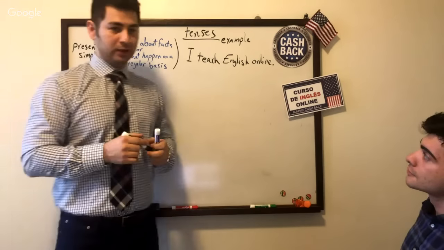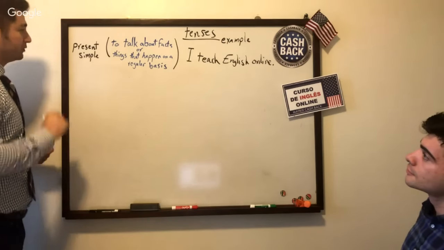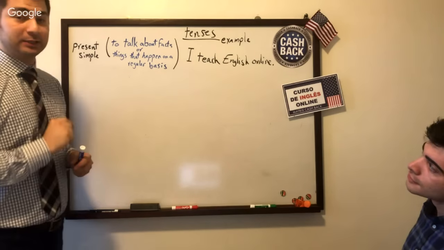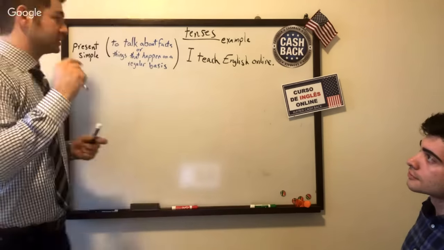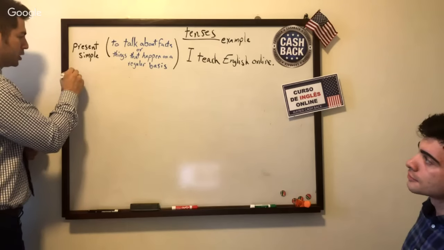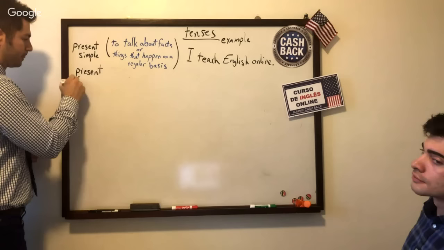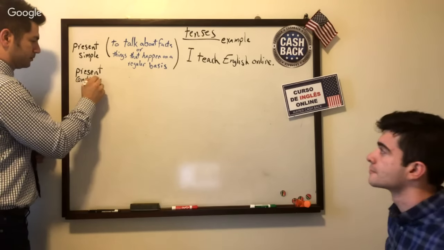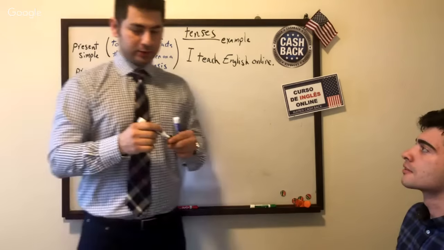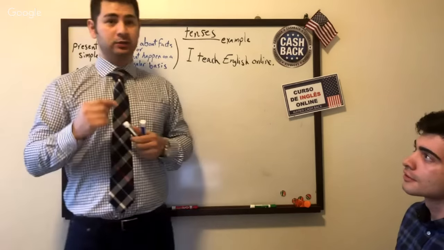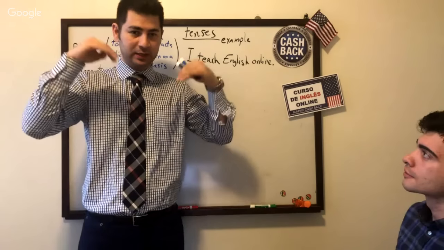Before I talk about simple past, I want to talk about present continuous. So the second most used tense in English is present continuous. We use present continuous for an action that is in progress now, an action that is happening now.